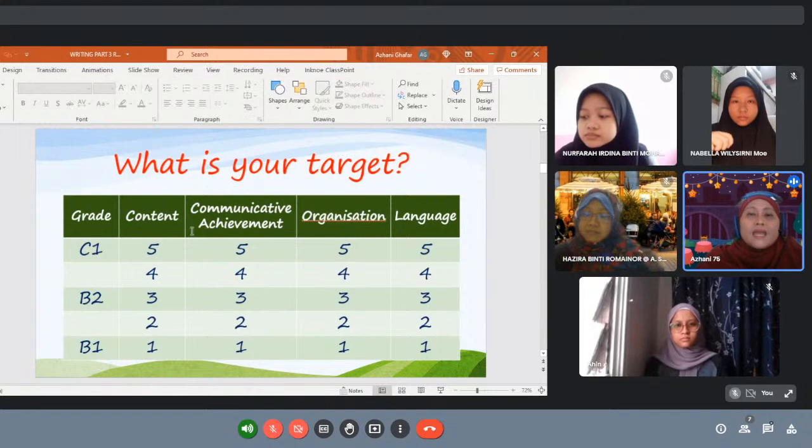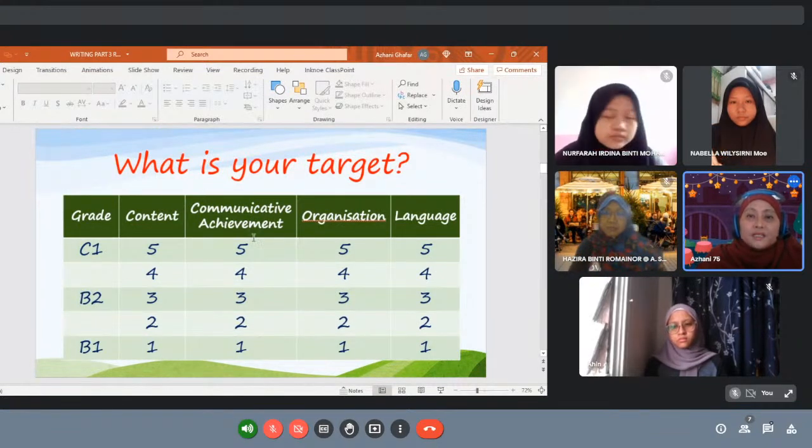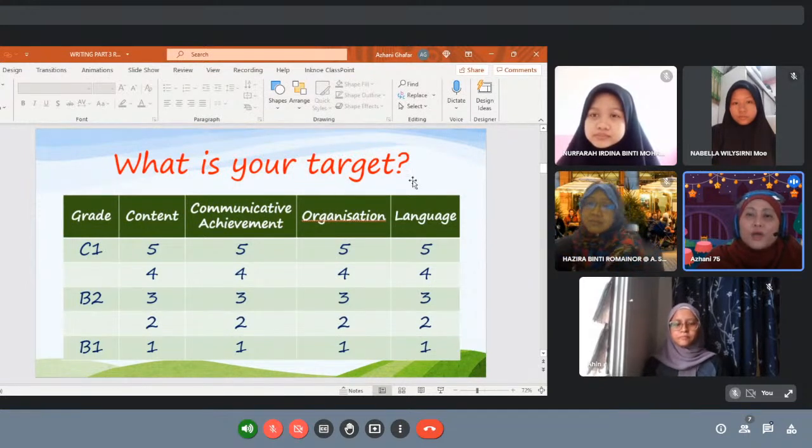Are you able to communicate well with the reader or with the examiner? Can you get 4 or 5? Are you good at planning or organizing your points or your ideas in your essay? And lastly, are you able to use suitable and appropriate language and style when you write your essays? So you have to set your target. Which grade are you aiming for? Ask yourselves.